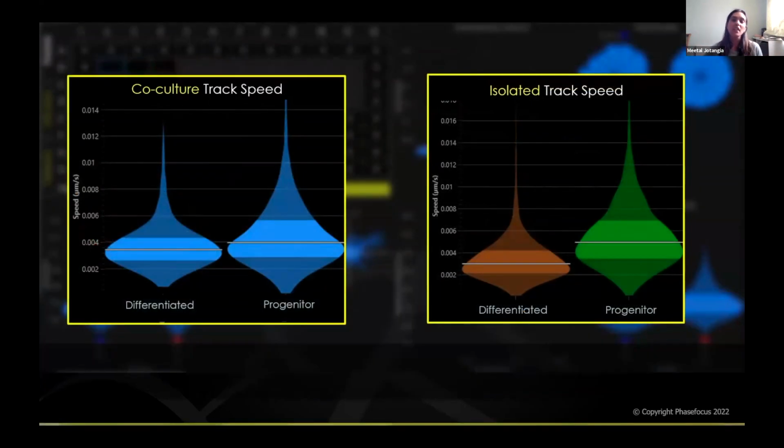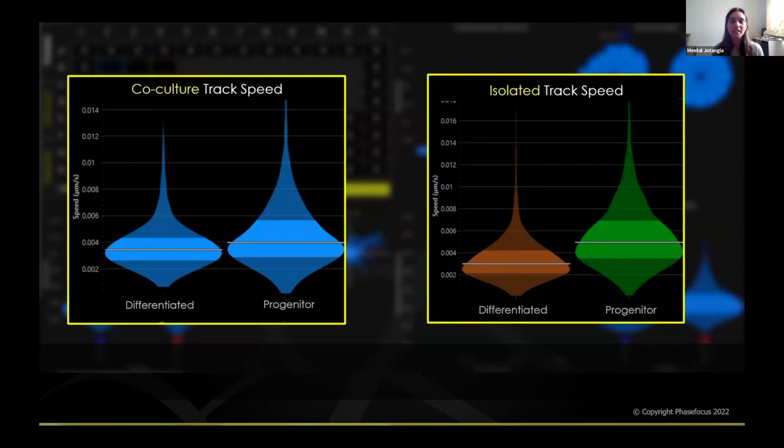And an example of where that was quite useful is particularly where you're looking at co-cultures. You might want to see how those cells react in a co-culture compared to when they're just in isolation. And we had a look at several progenitor and differentiated cells to see if there was any particular difference in markers. We saw some quite similar patterns in terms of track speed.